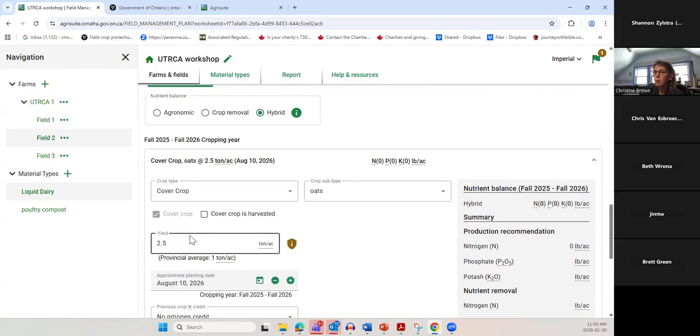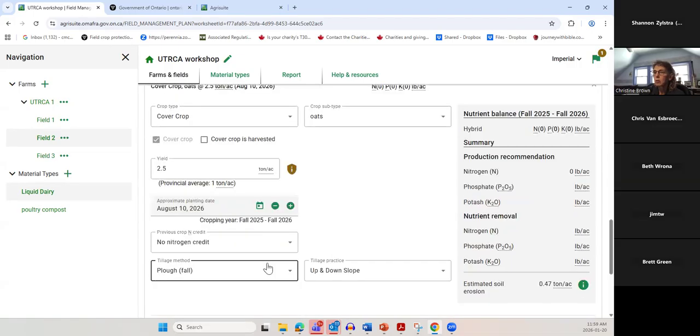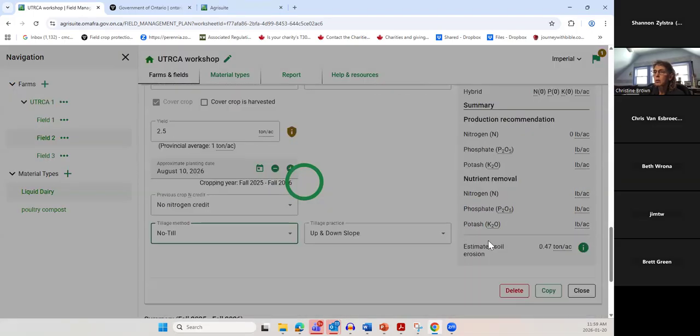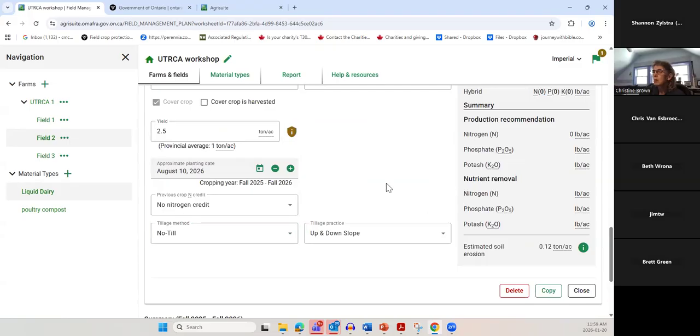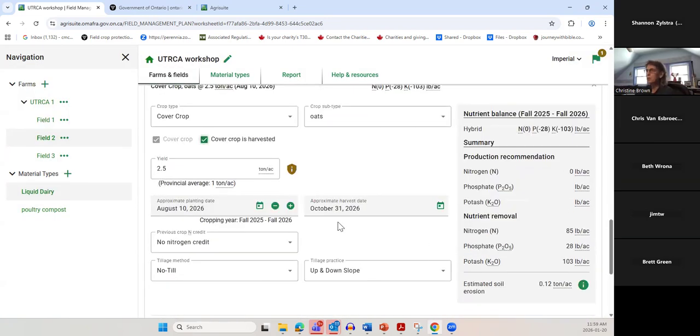Cover crop oats yield. Okay, why is it not showing anything? Oh, because it doesn't need to be harvested. See, even that happens to me. If you look over here, you're going, wait a minute, why isn't it showing up? So I harvested it, or I'm grazing it or whatever, then this is approximately what would be removed.